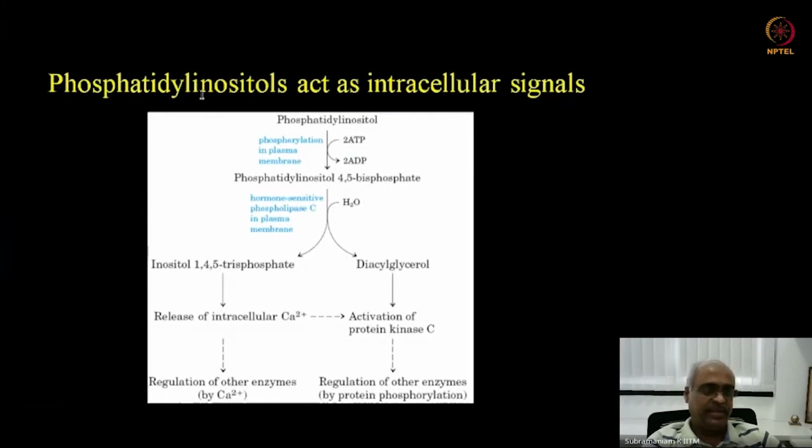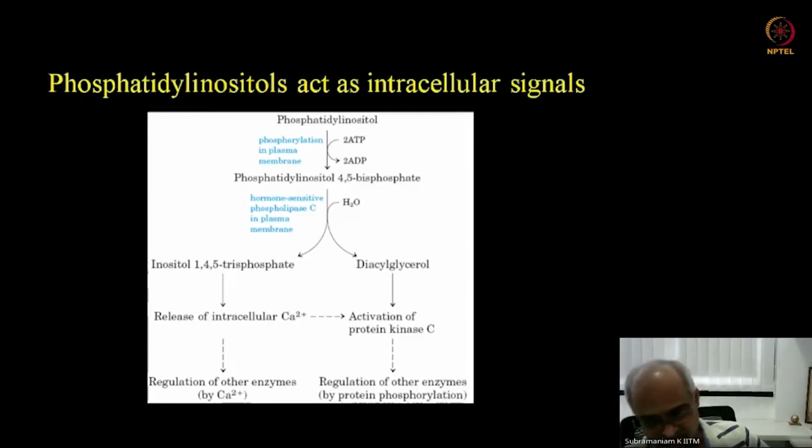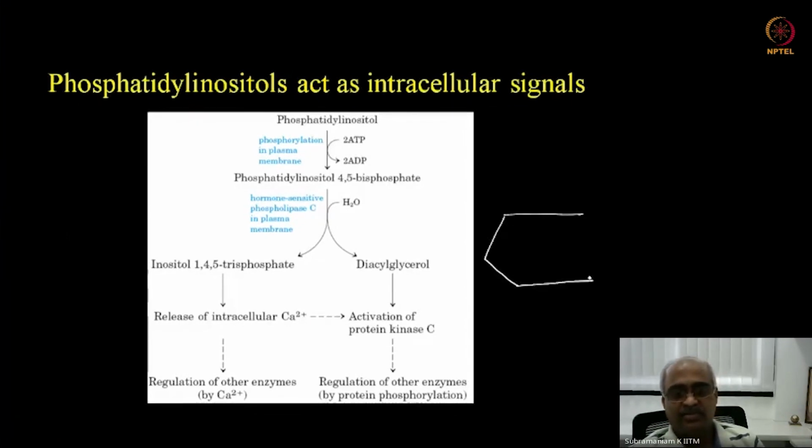Phosphatidyl inositol. We know phosphatidic acid, right? Glycerol having two acyl groups, and the third alcohol group has phosphate, and that is phosphatidic acid. If that phosphate has this sugar alcohol inositol attached, it is like a glucose structure.